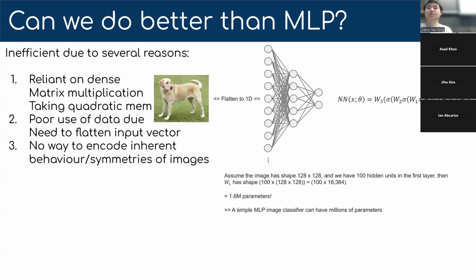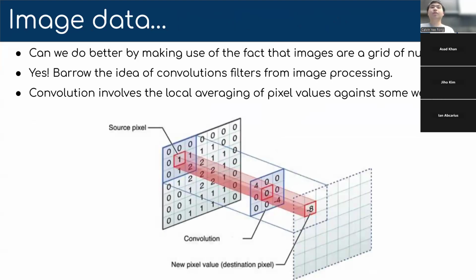Because of these three issues, people have borrowed ideas from other areas of computer science, more specifically from computer vision, where they have this idea of convolution, which works really well with image data. To make better use of the fact that images are a grid of numbers, they do a special operation called a convolution, which is pictured here.